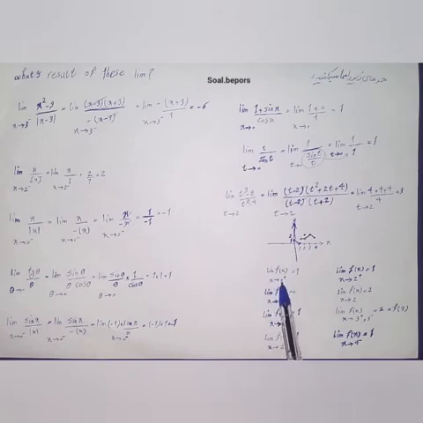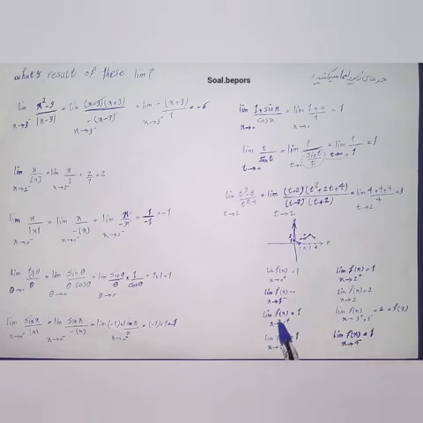When x goes to 0 from right, from bigger than 0, when we get close to 0, f(x) is 1. What is the limit of f(x) when x goes to 1 from left, from smaller than 1? We get close to 1, so f(x) is 0.